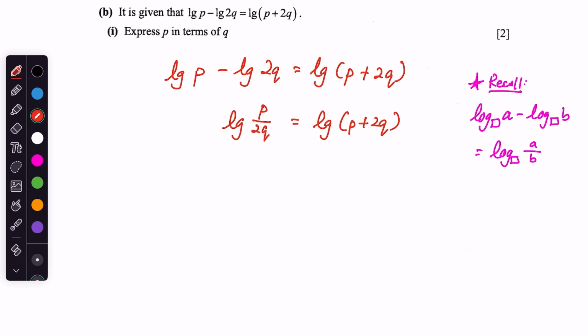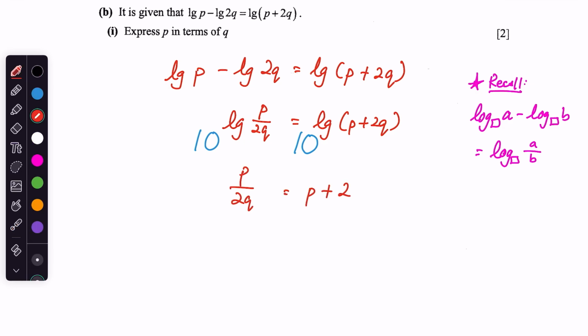So I'm going to exponentiate it with 10, so 10 to the power of both sides. What is going to happen is 10 and the log base 10 will cancel out. I'll be able to take out the stuff inside the logarithm. So this will be P over 2Q equals P plus 2Q.